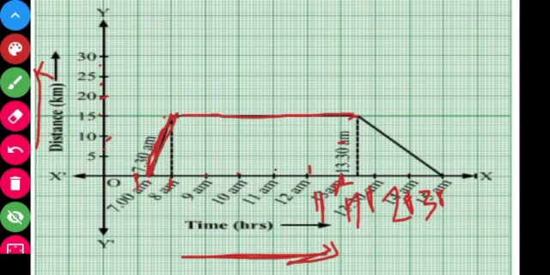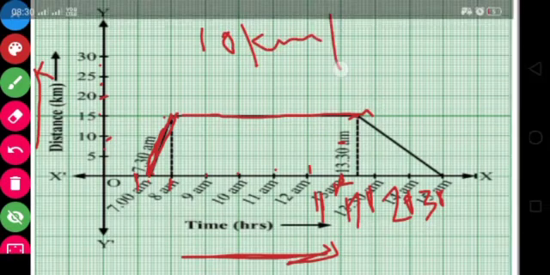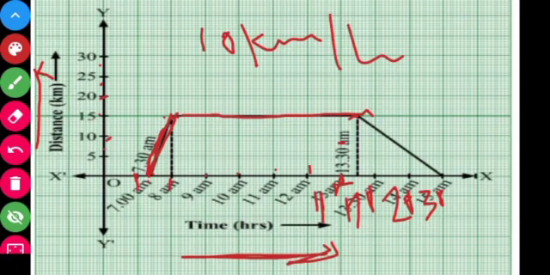And now at 13:30, that means 1:30, she returned home by rickshaw, and the speed of the rickshaw was 10 km per hour. The distance of her home from school was 15 km, so that will take 1.5 hours, because in 1 hour the rickshaw covers only 10 km.